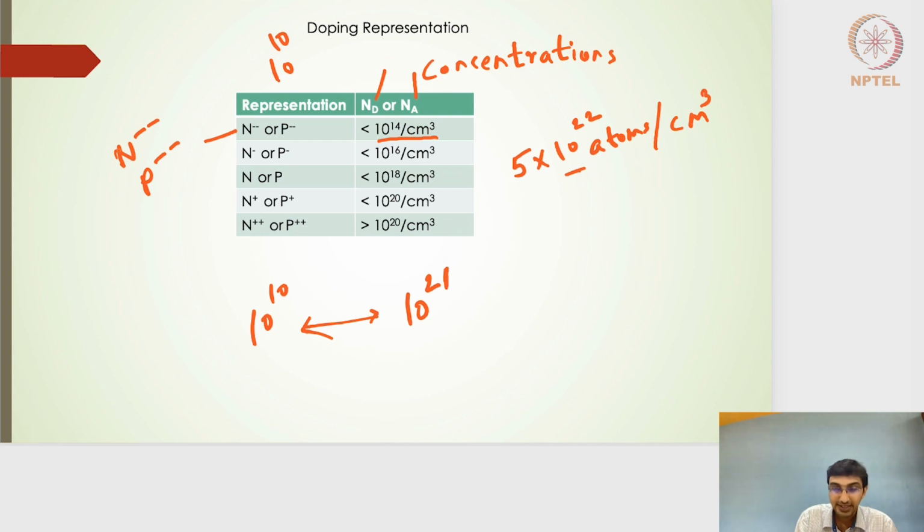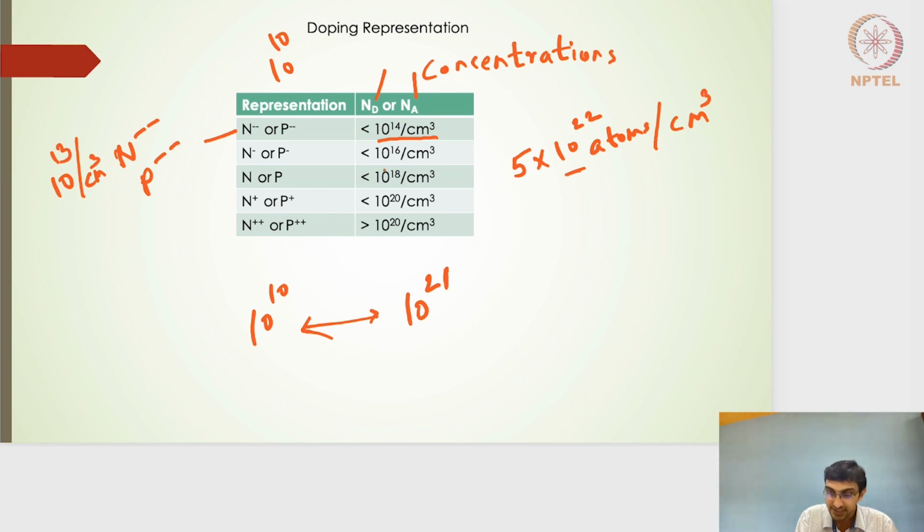For example, if I have introduced or diffused 10 raised to 13 phosphorus or arsenic atoms inside the silicon lattice structure of 1 centimeter cube, then it is labeled, or annotated, as N minus minus. And if it is gallium or boron, then we say it is P minus minus.